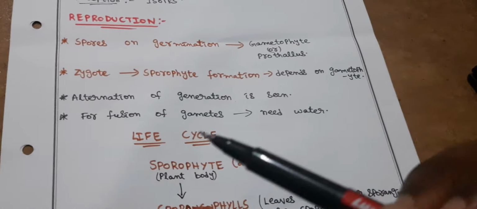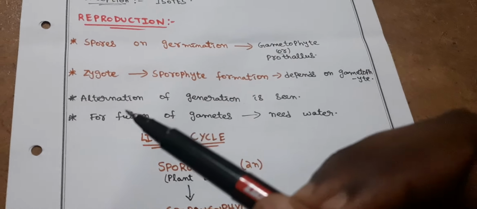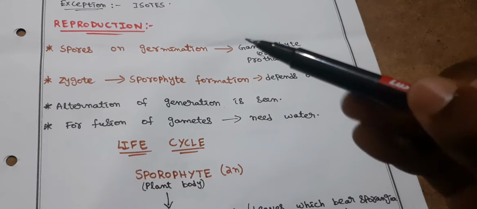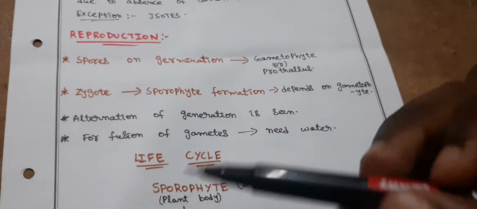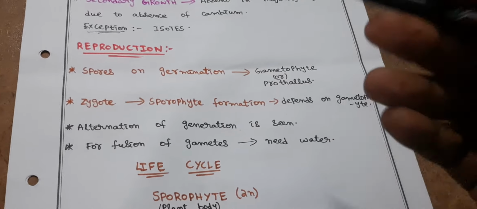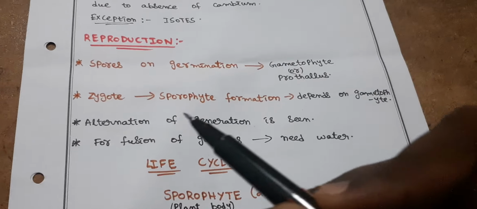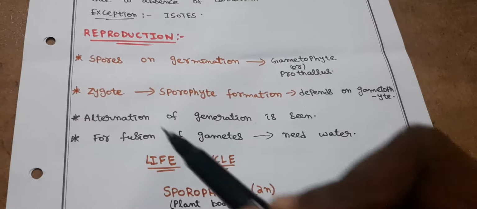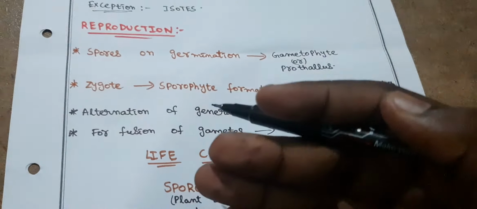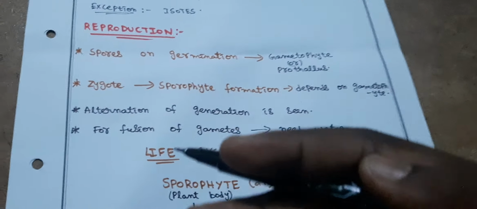You will know later while we study the life cycle. Okay. Next, alternation of generation is seen. That means sporophyte, gametophyte, like that. That means haploid, diploid, diploid, haploid. Such types of generations are seen.